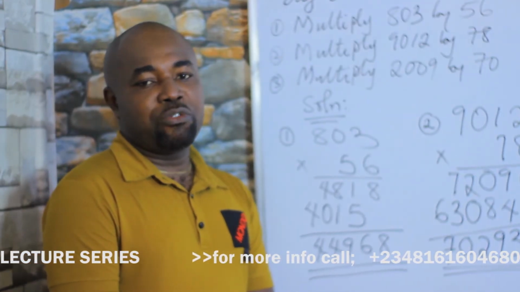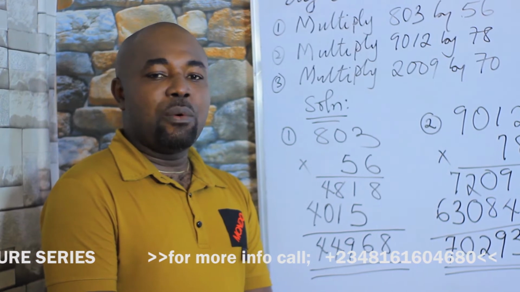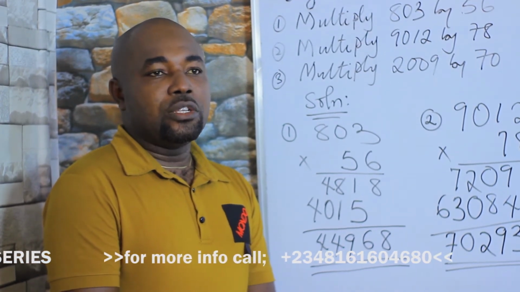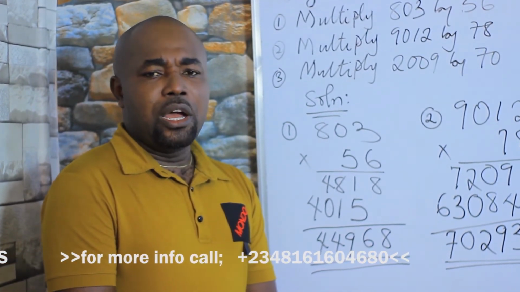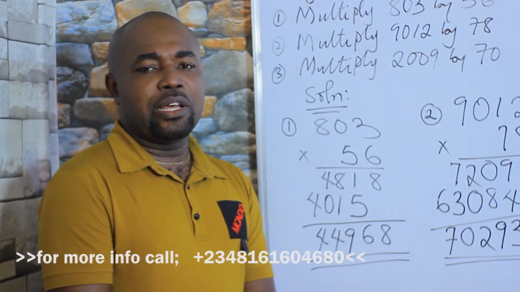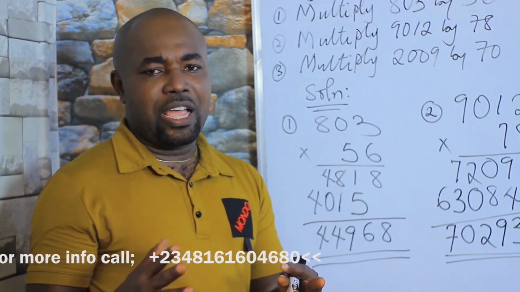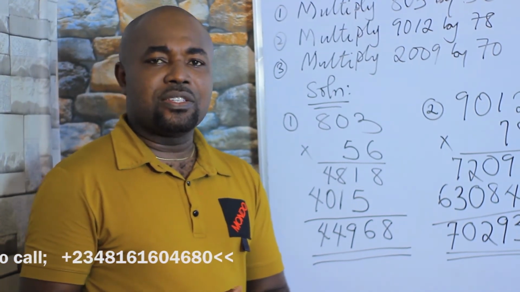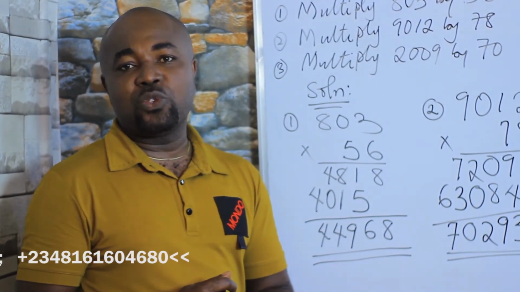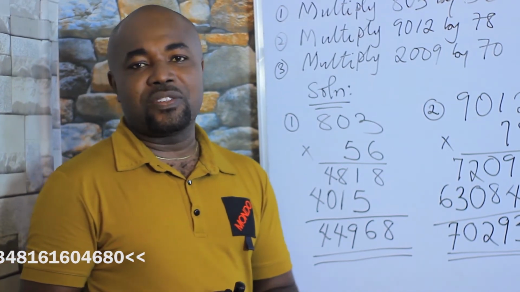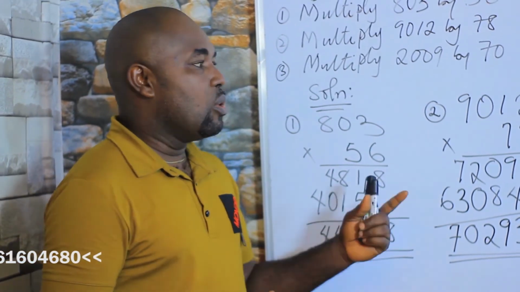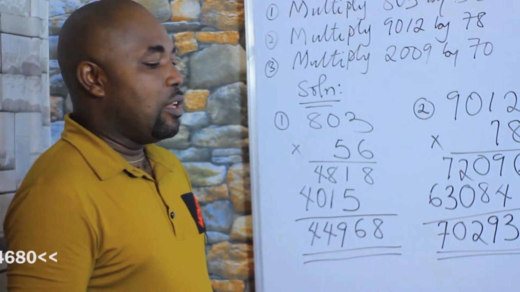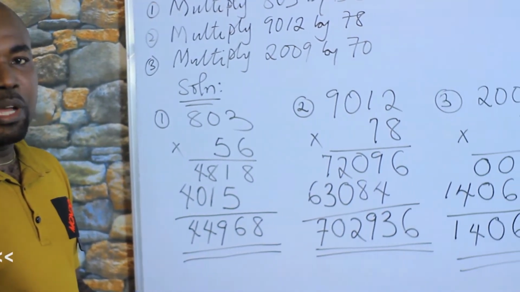After that, I will also teach you multiplication of numbers with one sign and with more than one sign. Then we look at multiplication of numbers with decimals. I will now give you exercise to do.